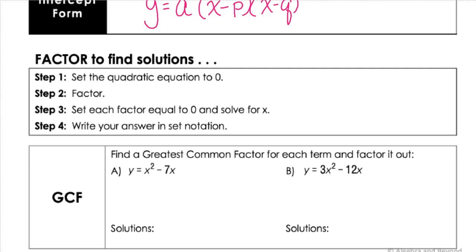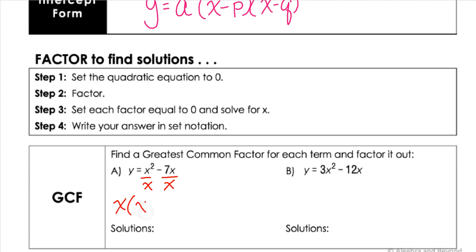So the first kind of factoring that we have is what we call GCF, or greatest common factor. When we're factoring out a GCF, we're just trying to find out what is common among the terms and dividing it out. In this case, I can see that these two terms both have an x, so I am going to factor that out.